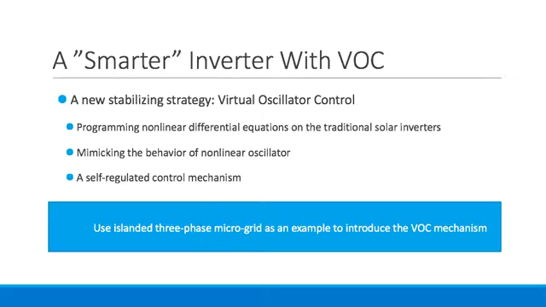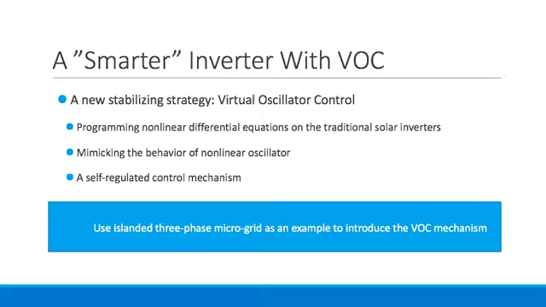It is called the virtual oscillator because it is not a real oscillator. It is a kind of oscillator that is programmed onto the traditional solar inverter, and therefore it can mimic the behavior of the nonlinear oscillator and becomes a self-regulated control mechanism.